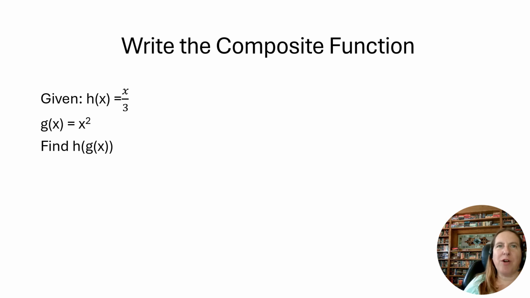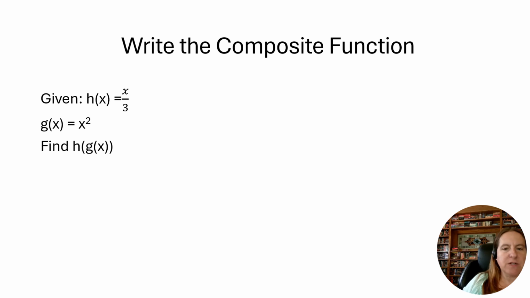We're going to do a couple more. Sometimes these can take a while to get the hang of. Also remember that we can use different letters for our composite functions. So we're given the function h of x equals x over 3 and g of x equals x squared. We want to write the equation for h of g of x.